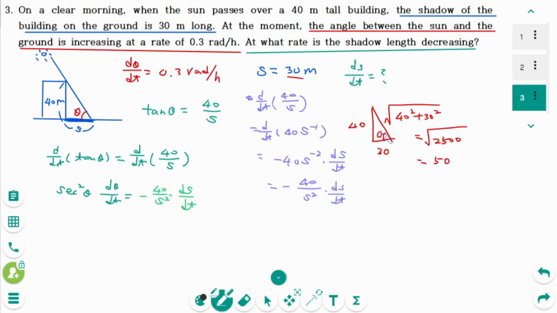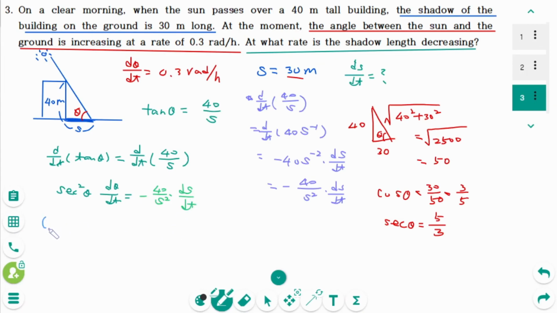That is theta. Then cosine theta equals 30 over 50, which is 3 over 5. Then secant theta equals upside down, which is 5 over 3.